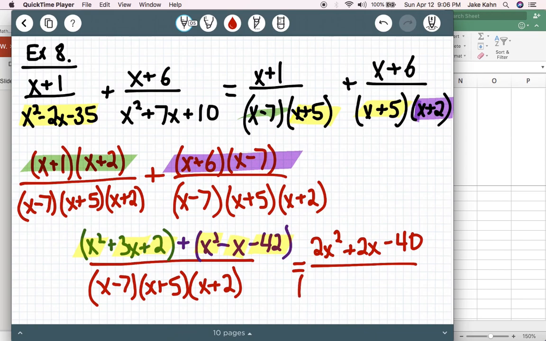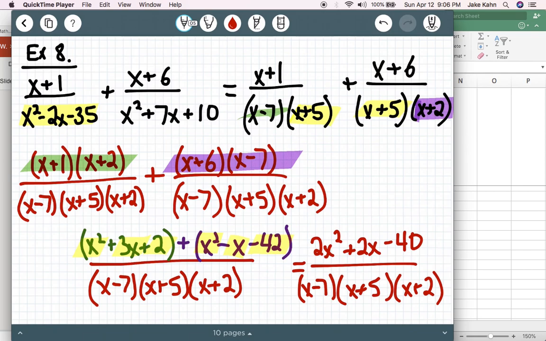And on the bottom we have the same exact thing, x minus 7, x plus 5, x plus 2. What are we going to do from this point? Well, on top, we have to factor that and then see if anything cancels out with the bottom. And then we'll arrive at our final answer.